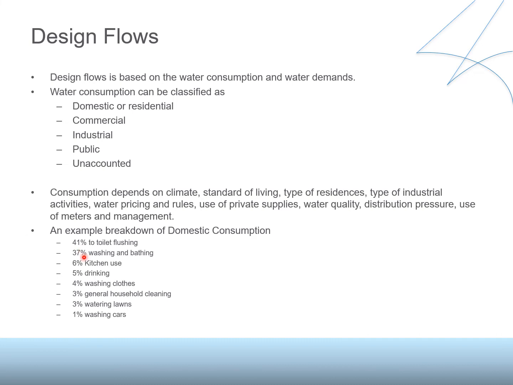Probably for drinking, there may not be changes, right? Or kitchen use, probably there may not be that many changes, but for toilet flushing and washing and all these uses, the percentage of use could be different. And it's not only domestic water consumption; for different industries also, what is the trend and what is the likely water consumption in future. So all these factors need to be considered when you come up with the future water consumption.